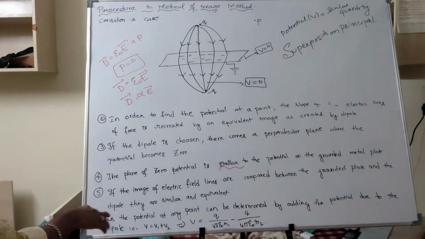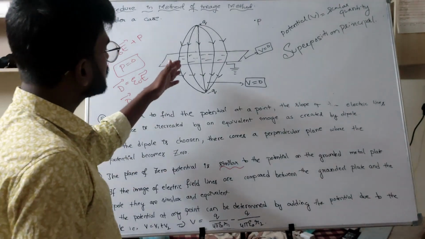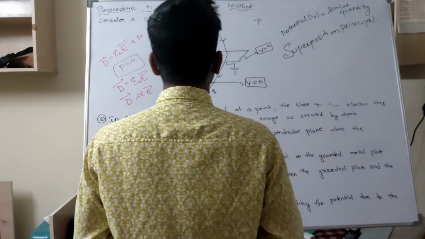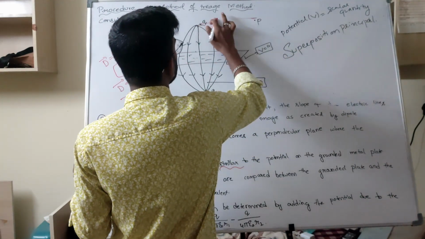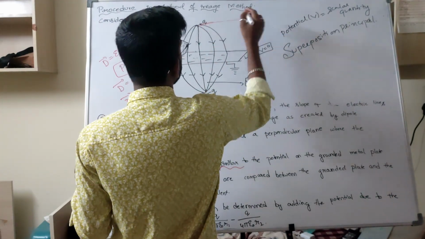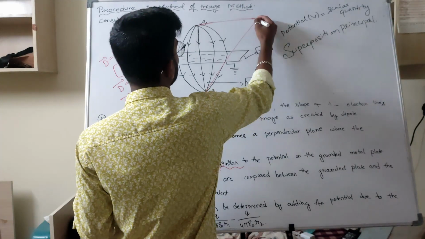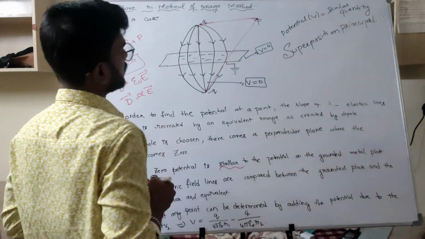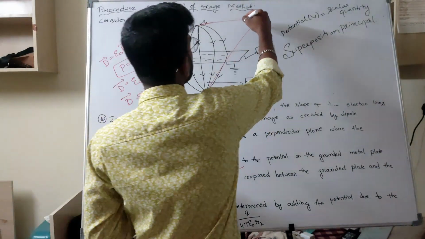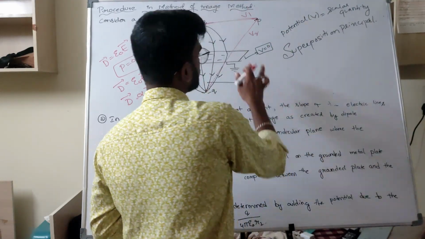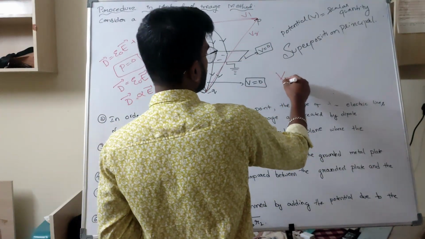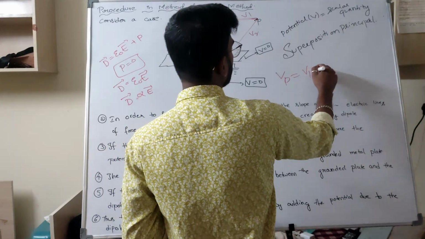That means V1 plus V2. You have to add the potential due to the plus Q charge and the potential due to the minus Q charge. So the potential at point P will be V1 plus V2.